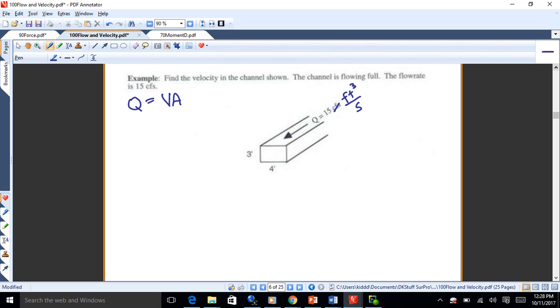So you want to solve that for the velocity. Just algebraically rearrange it, pretty straightforward, but just solve for V, the velocity.